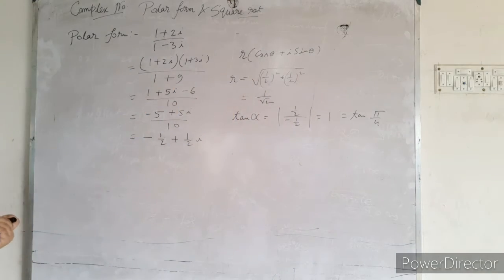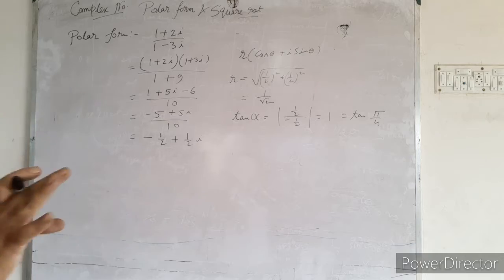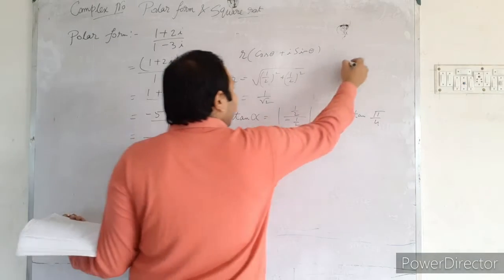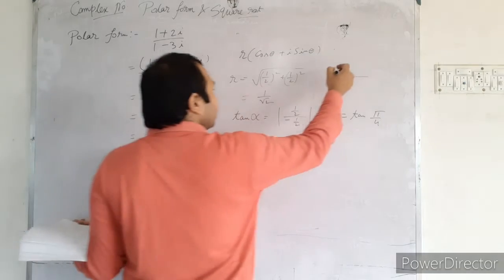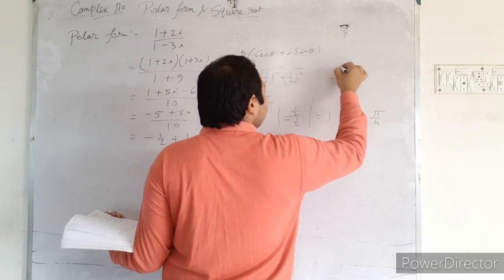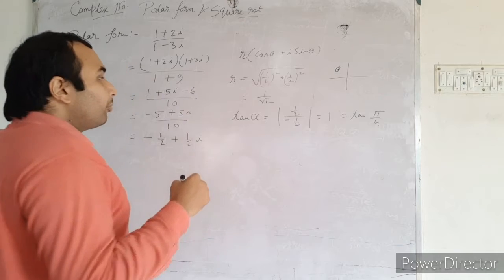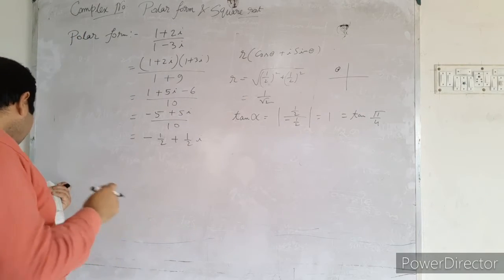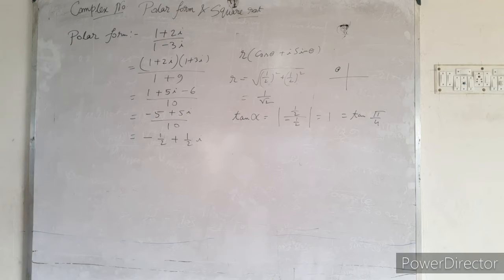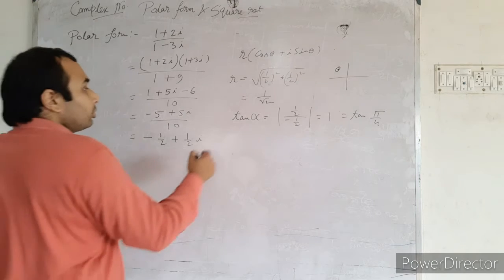So it is tan pi by 4 now. For tan pi by 4, we have to check in which quadrant it is lying. Here it is minus plus, so the point is in the second quadrant. So obviously theta will be pi minus alpha, which is pi minus pi by 4, so 3 pi by 4 it will be.